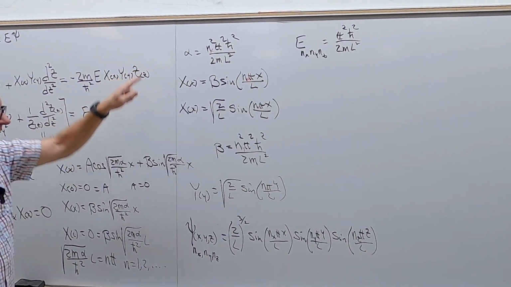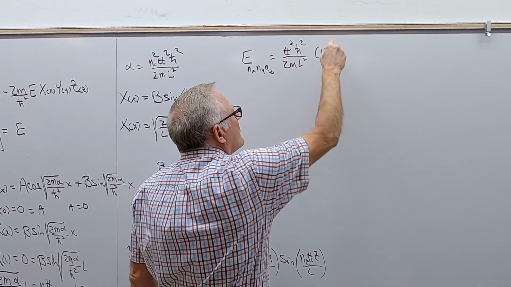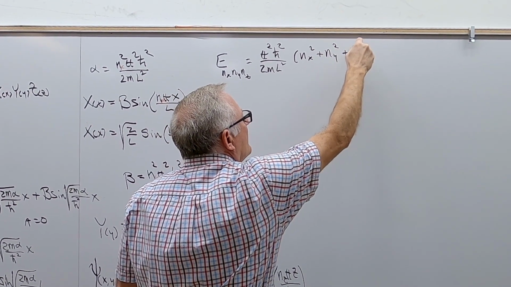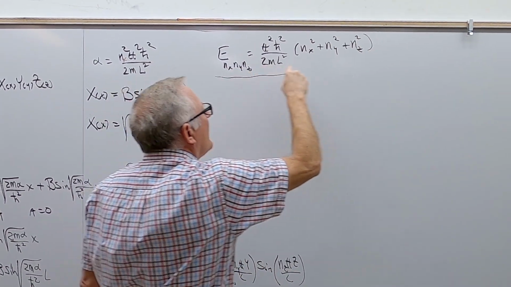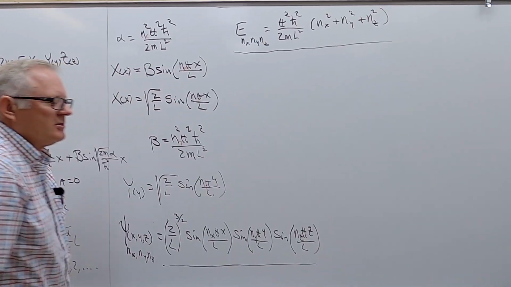And then you'd have nx squared plus ny squared plus nz squared. So there would be the eigenvalues. These would be the eigenfunctions.